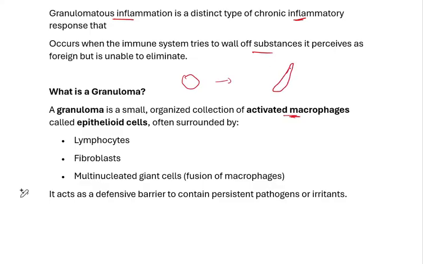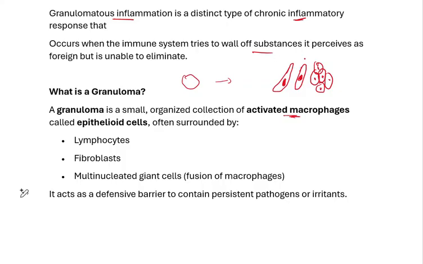epithelioid cells. The reason why they call them epithelioid cells is because they look like what? Epithelia, right? So they're going to form this collection of epithelioid cells. Also around there, we could have some macrophages that fuse together. Those macrophages that fuse together, we're going to call them multinucleated giant cells.